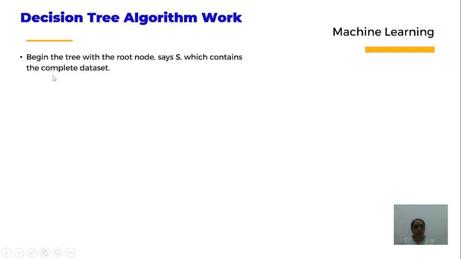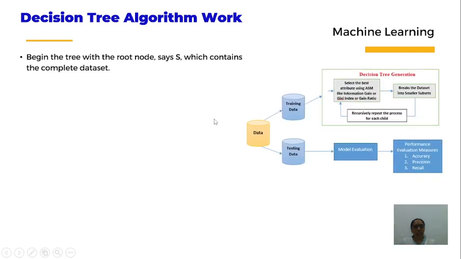So here, the decision tree algorithm begins the tree with the root node, say S, which contains the complete data set.